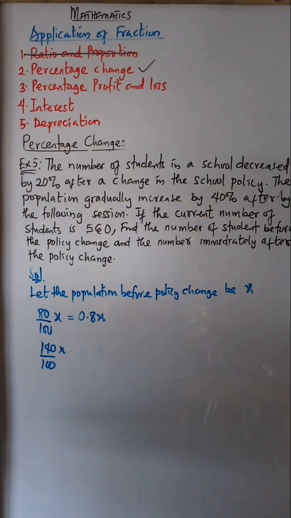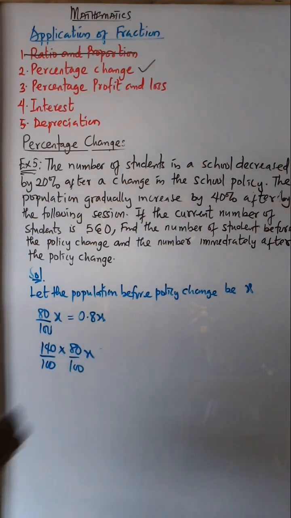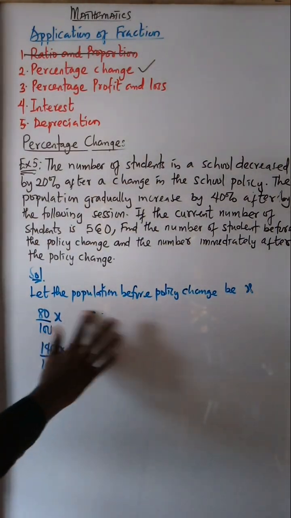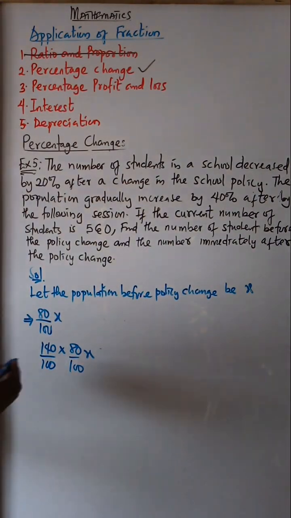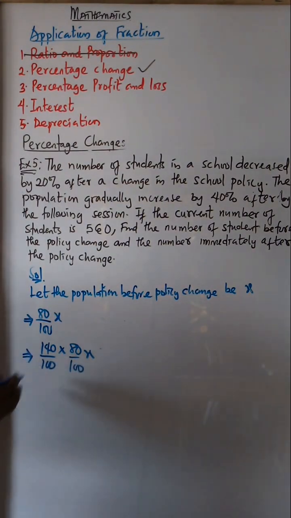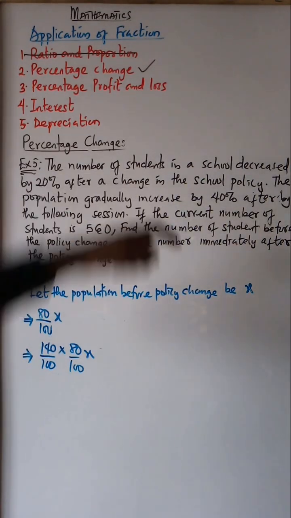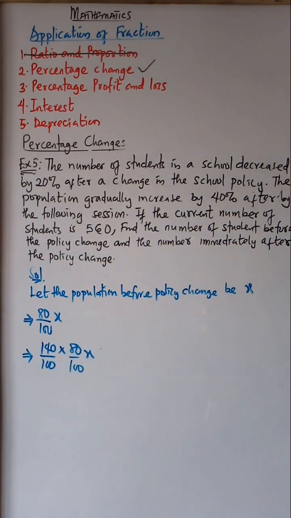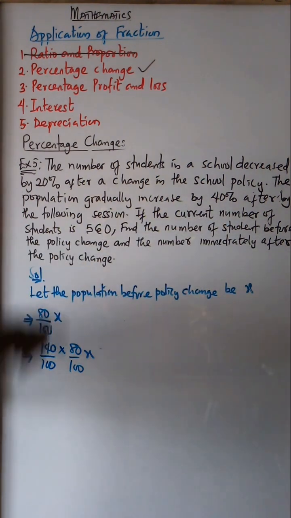Let me just write it as 80 over 100 X. This initial one is the new population after the policy. This is the population after the increment. So we are told the current number of students is 560.